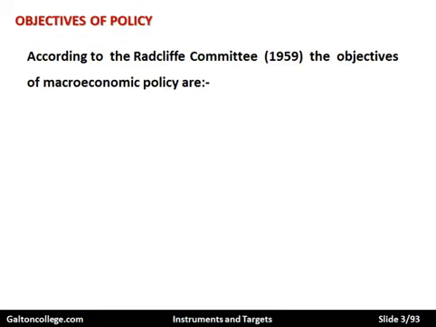Governments throughout the world were following Keynesian economics. Keynes had published his famous book, The General Theory of Employment, Interest and Money, in 1936, and at the end of the Second World War in 1945, more or less the whole world turned over to Keynesianism.